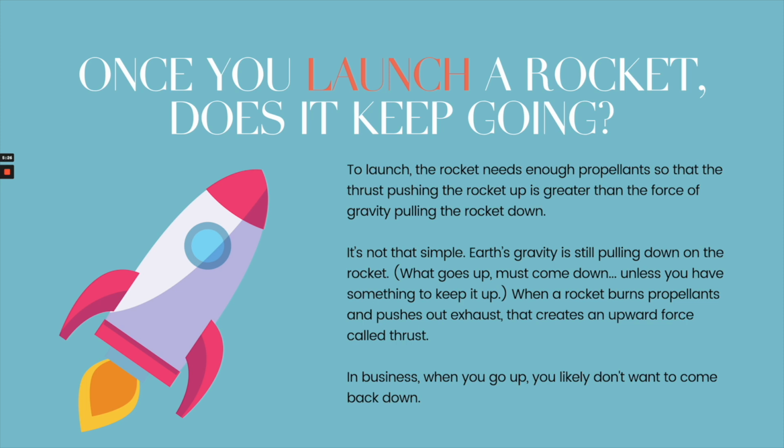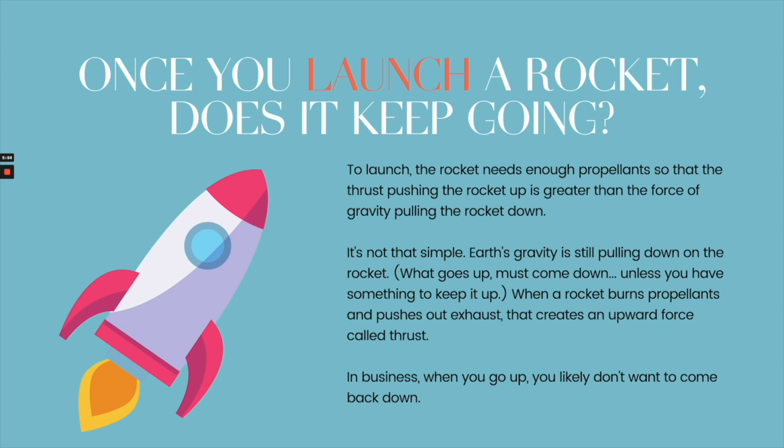And if you don't have anything else in place to make you go back up again, you're going to stay down, period. So it is not as simple as just putting the rocket up in the air and it just continuing at the pace that it's going. It's not that simple. Earth's gravity is still pulling down on the rocket, because remember, what goes up must come down unless you have something to keep it up.